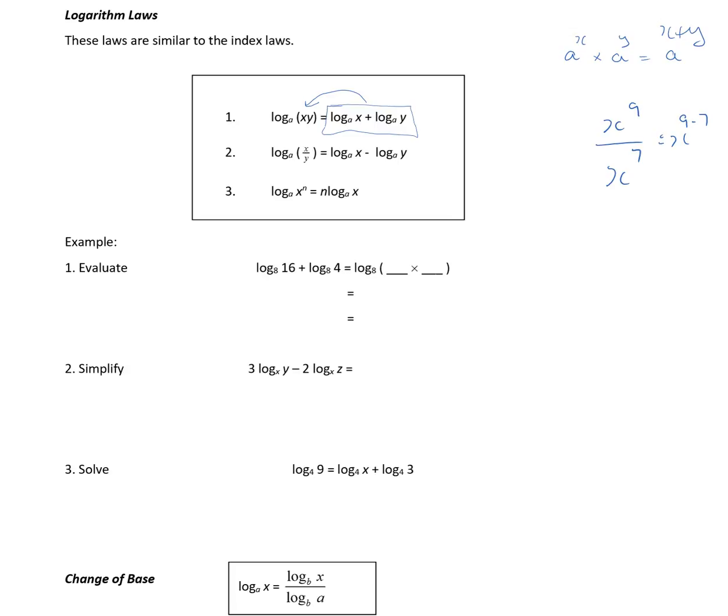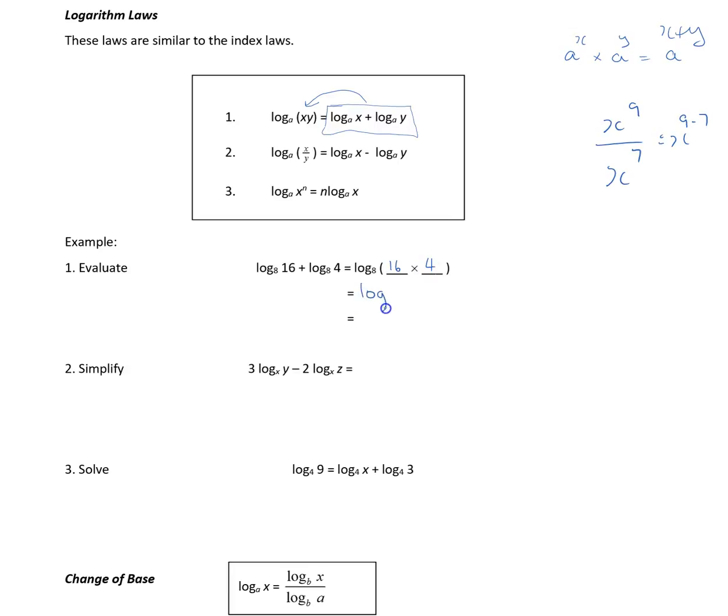So this is a situation where we've got log of 16 to base 8 plus log of 4 to base 8. Now I don't know what to raise 8 to in order to get 16, nor do I know what to raise 8 to in order to get 4, but I could use the first rule in reverse to write this as the log to base 8 of 16 times 4.